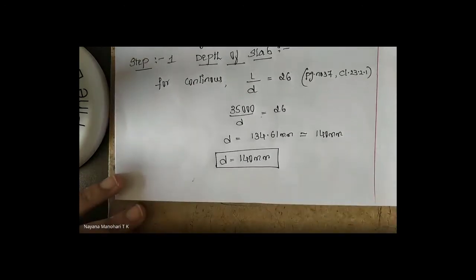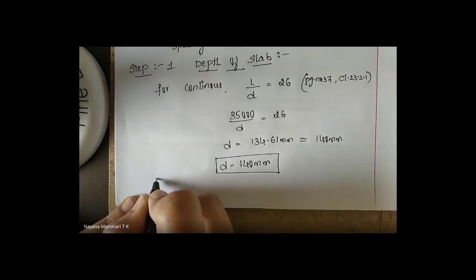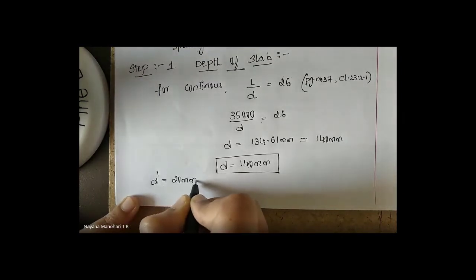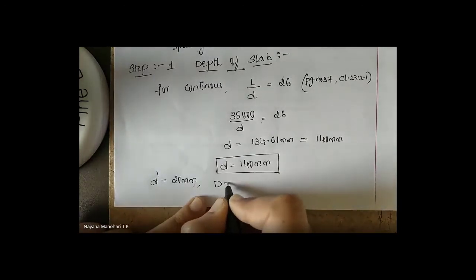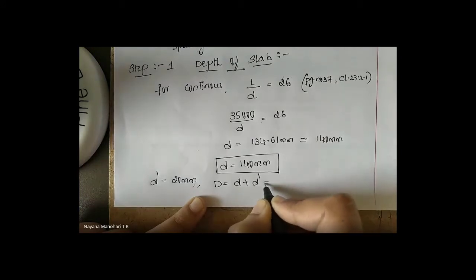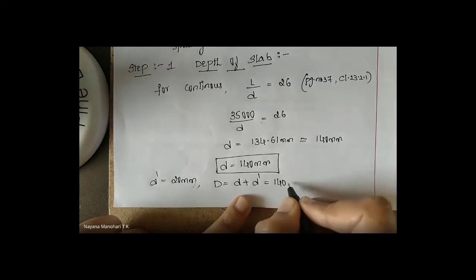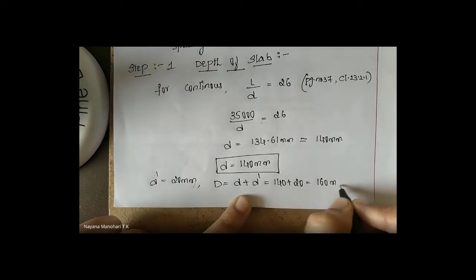Once you calculate the effective depth, assume the effective cover, that is d dash equals 20 mm. Then calculate overall depth. It will be effective depth plus effective cover, that is 140 plus 20, and you will get 160 mm.